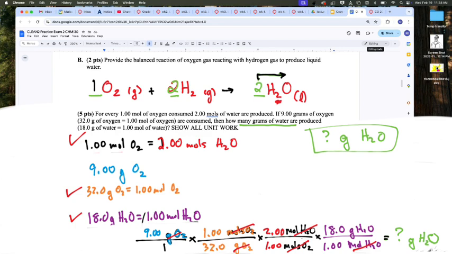But now all you do is multiply everything out. This is a conversion process. Personally, I would break it into two calculations. I do everything in the numerator and multiply it out. Oh, I would love to say I could do that math in my head. I can't. I can do 9 times 2 is 18, times another 18.